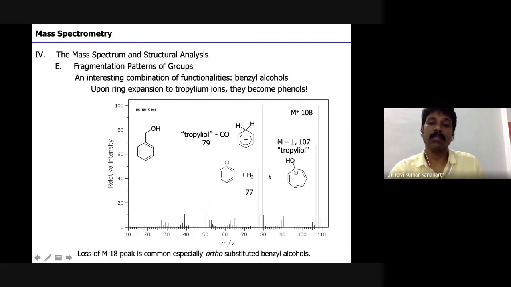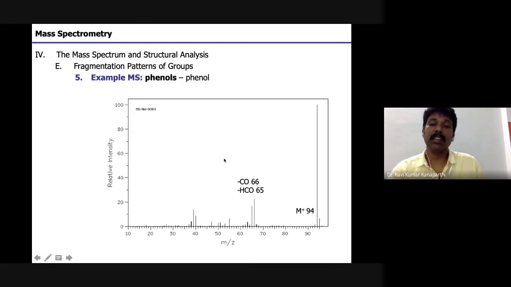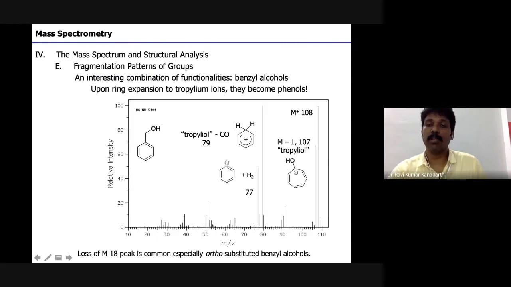It will undergo some type of rearrangement, and then ring expansion takes place. But also the benzyl carbocation. And the other peaks, as usual, you can see the loss of CO, 28, the loss of water, and the loss of hydroxyl radical. So those peaks you can also find here.